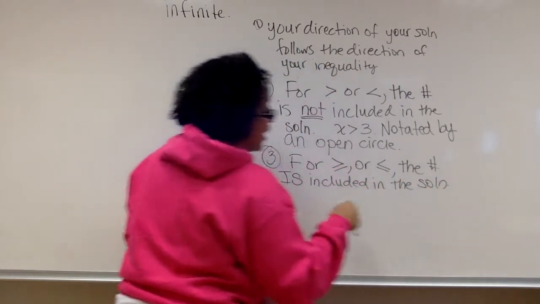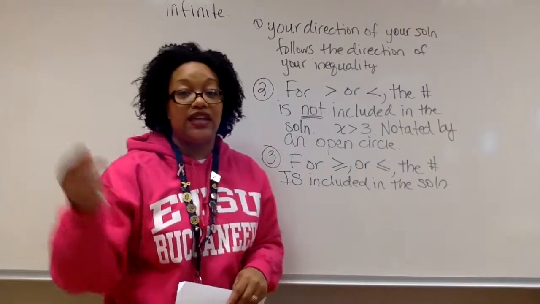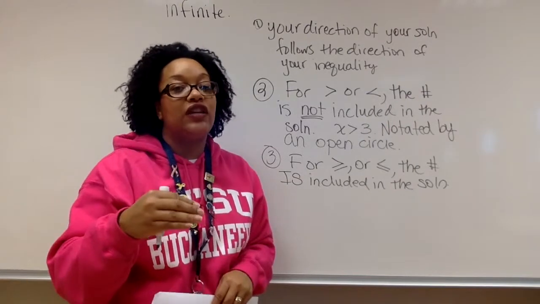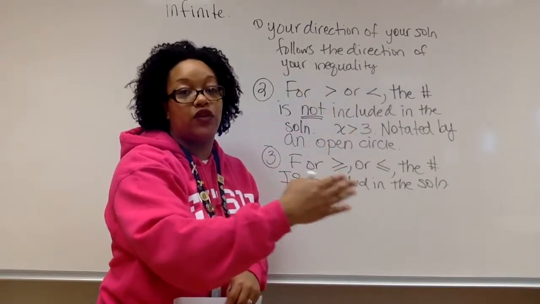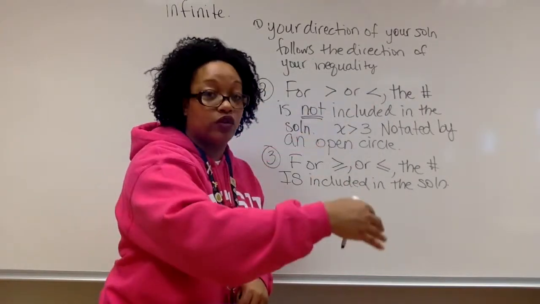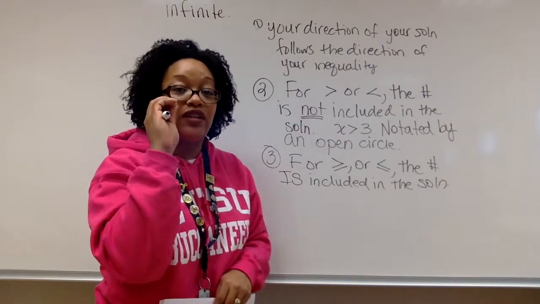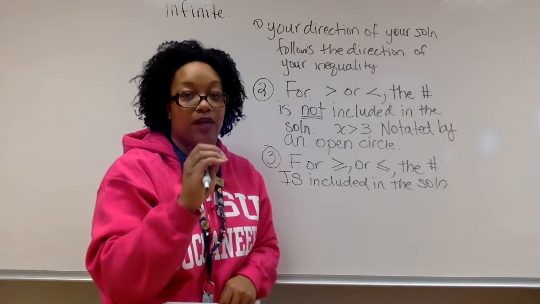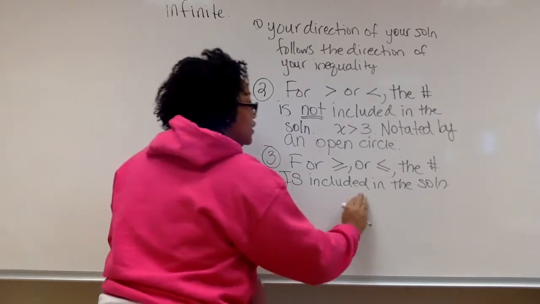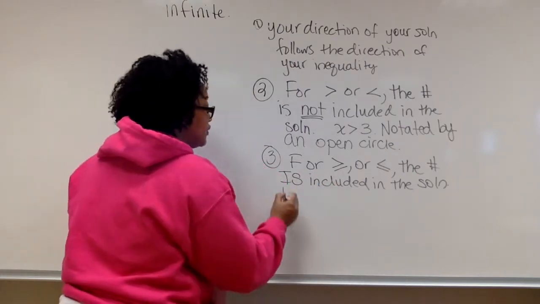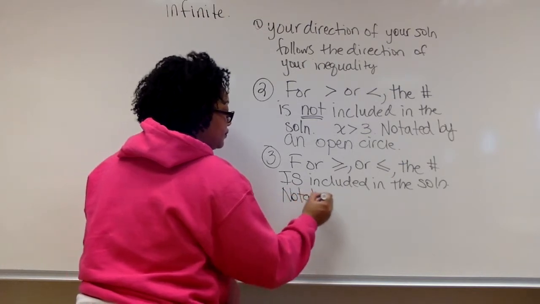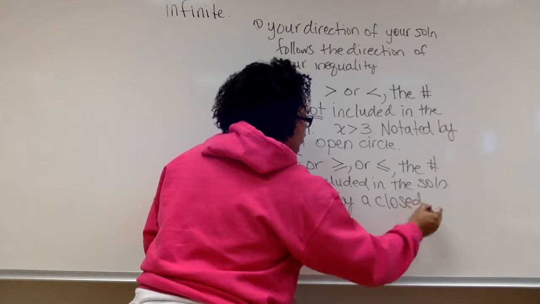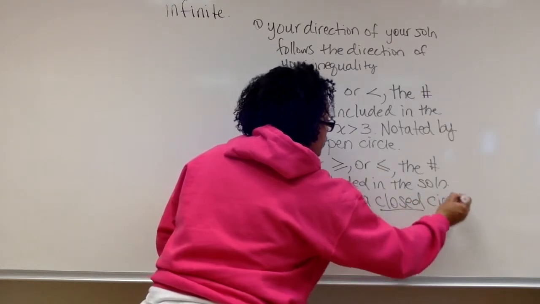So that's kind of like your PG-13 movies that we just had in example B. You know that if you're 13 years old, you can go to the movie. 13 years or older can go to the movie. So that number 13 is included in that age requirement, okay? So when the number is included in the solution, it's notated by a closed circle, underline closed circle.